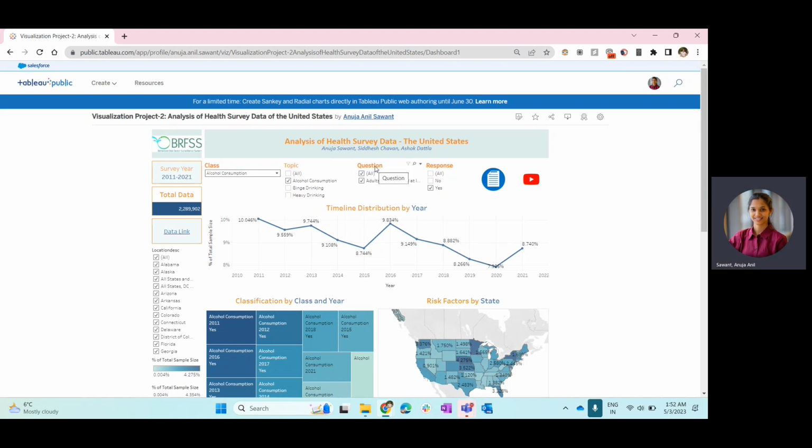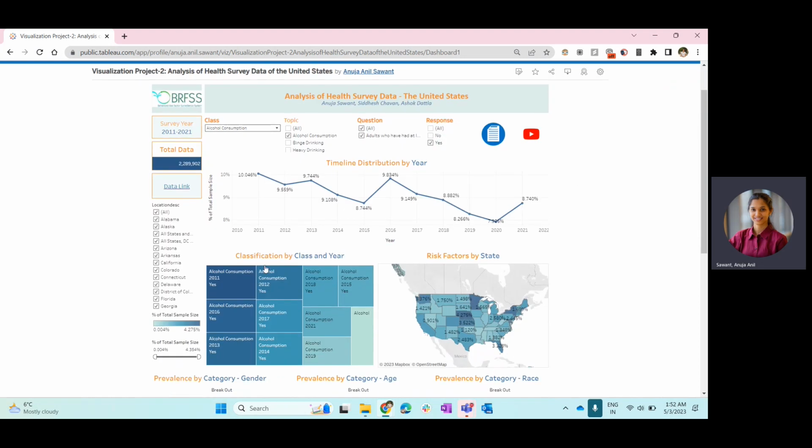Similarly, every topic has one or more questions and then respective responses. There's also one more important column, which is sample size, which indicates the count for every response.